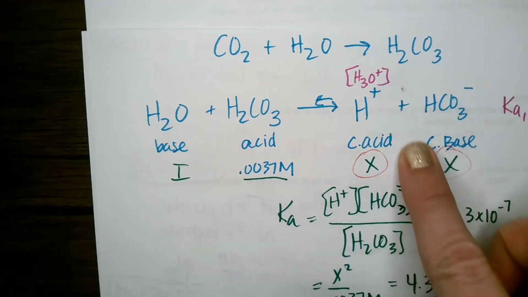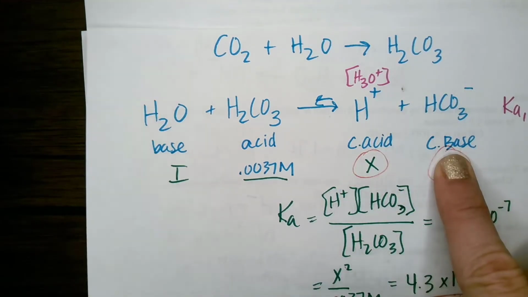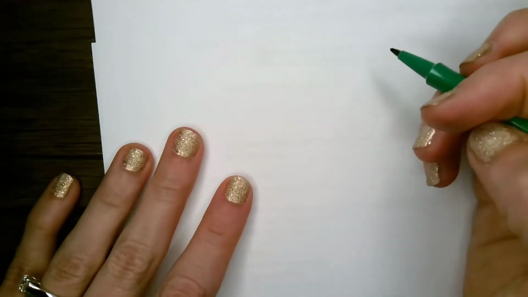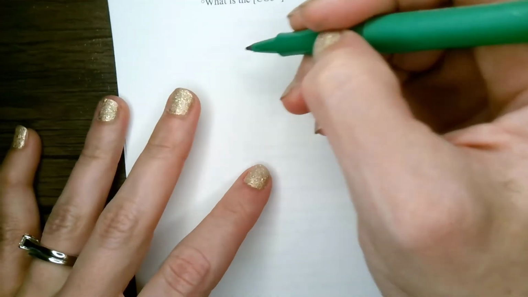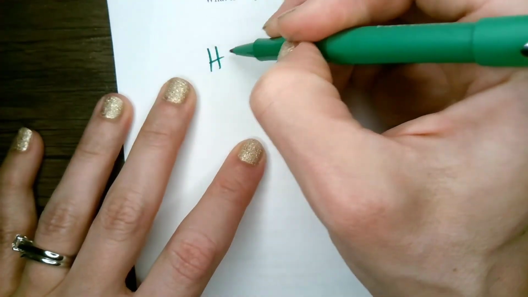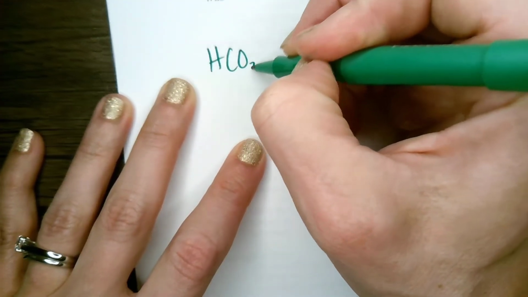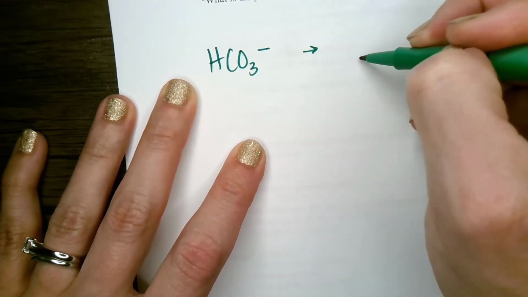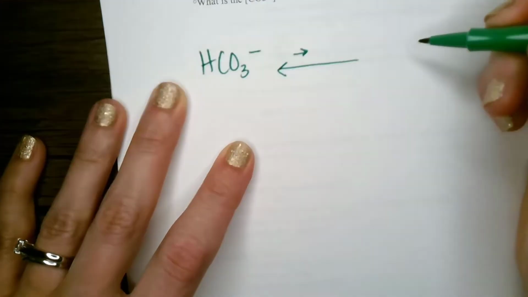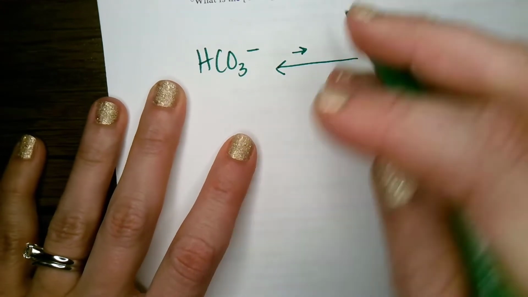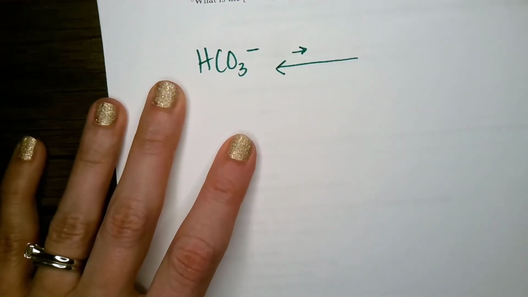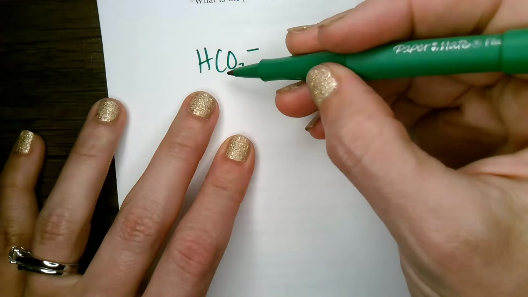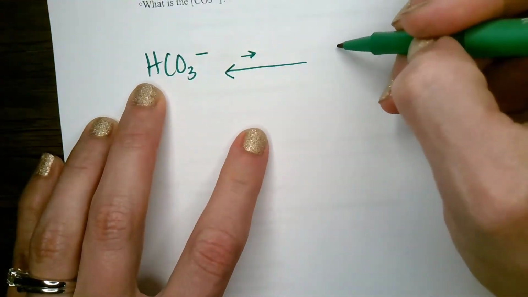We took our H2CO3, made it the acid, took off 1 proton. Now we need to take this HCO3 minus and make it our starting point, make it the acid. So we've got our HCO3 minus, and in this case, our equilibrium is going to look more like this.